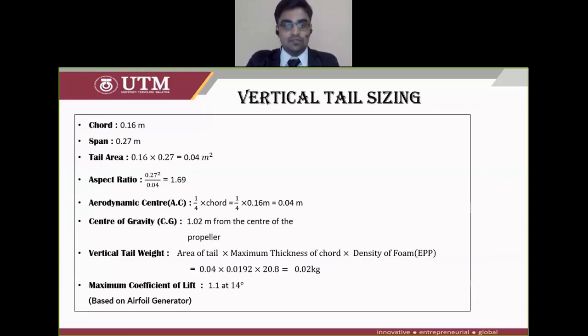Similarly, the same principle is applied for the vertical stabilizer sizing, in which these are the parameters I have found based on my prediction. The parameters involved in the vertical tail sizing are chord, span, tail area, aspect ratio, aerodynamic center, center of gravity, vertical tail weight, and finally maximum coefficient of lift.